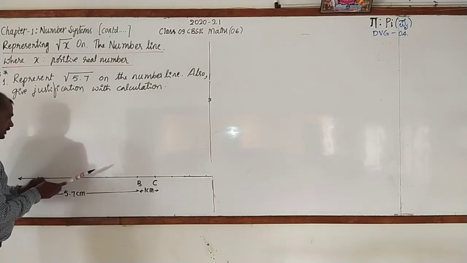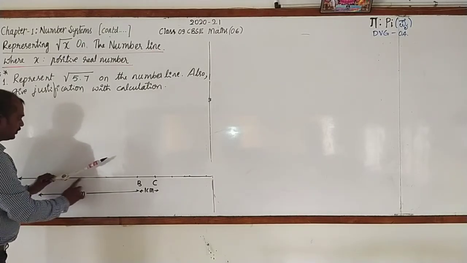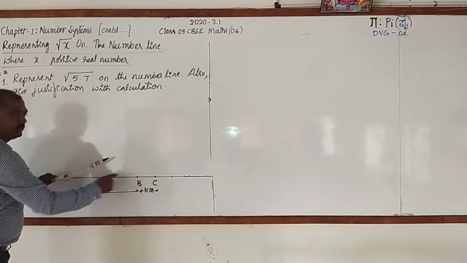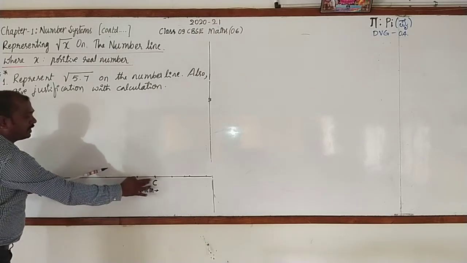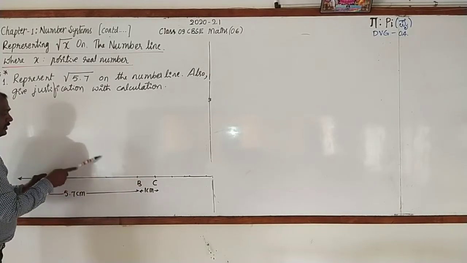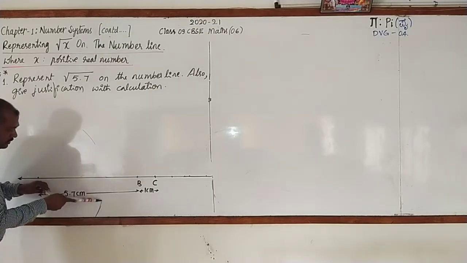To mark the midpoint of AC, you have to draw the perpendicular bisector of AC. Now, with A as center, you have to take more than half of AC. Here I am taking more than half of AC. You just draw an arc, and here also.